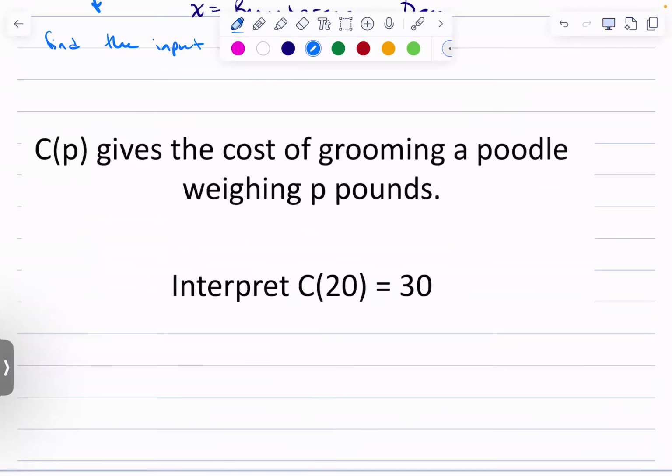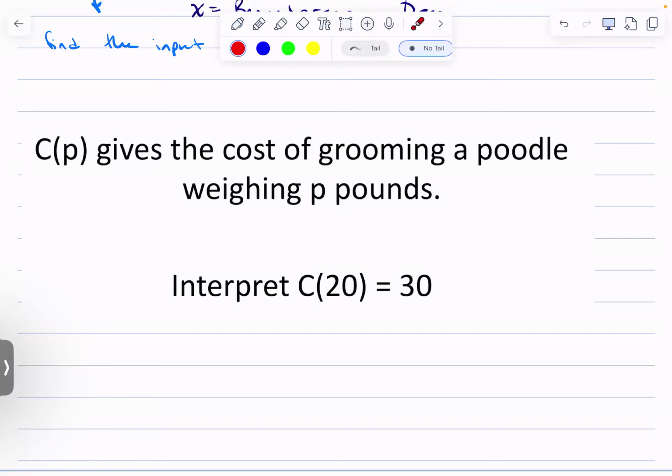How about this function? C of P is how you would read that. It gives the cost, so I think C is the cost, of grooming a poodle weighing P pounds. Has to be a poodle, I guess. Probably now it's more of a doodle. But anyways, cost is the function of P, the weight in pounds.